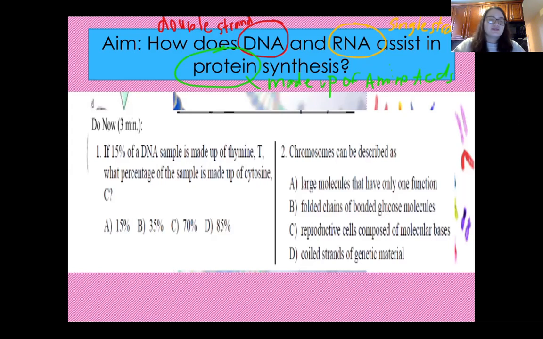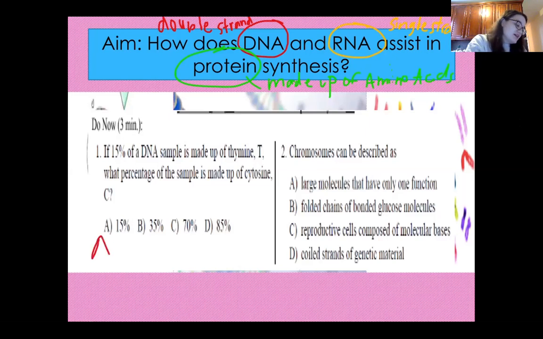All right, now today's do now. The first question is, if 15% of a DNA sample is made up of thymine, abbreviated T, what percentage of the sample is made up of cytosine, abbreviated C? So I'm going to show you guys how to do this. We know that DNA is made up of 4 nucleic bases.